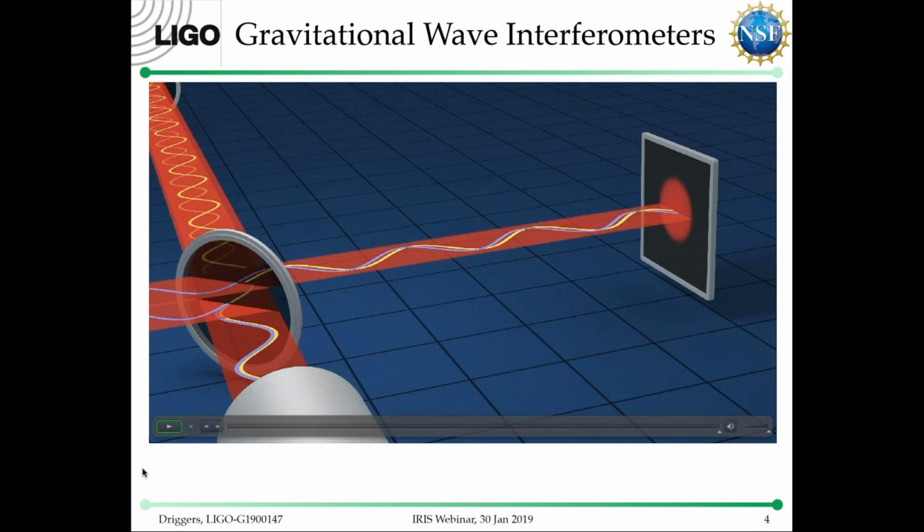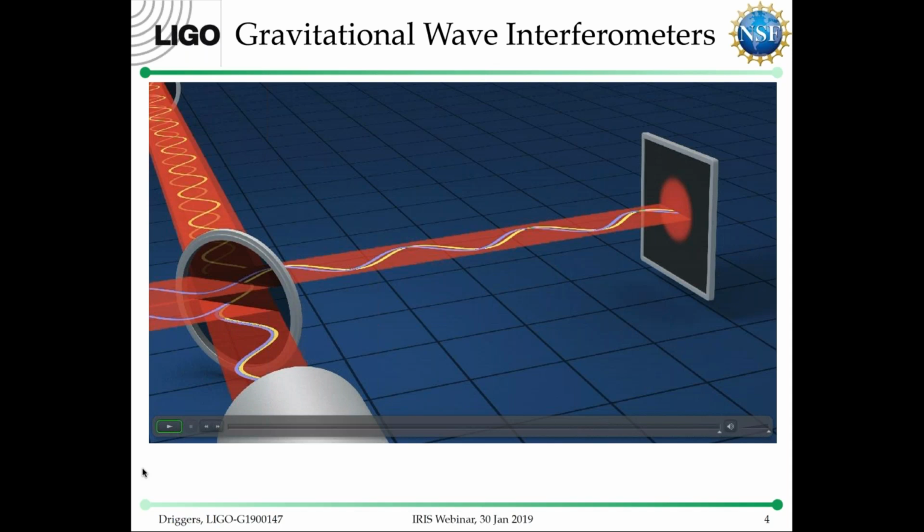And so if we imagine from the movie on the last slide that the beam splitter is in the center of one of those blue rings and the end mirrors are on the edges of that blue ring, then as space-time is being distorted, stretched and squished, these end mirrors are either coming closer or farther away to the beam splitter. And so we're getting either light or dark patterns on this photodetector on the right side of the screen.